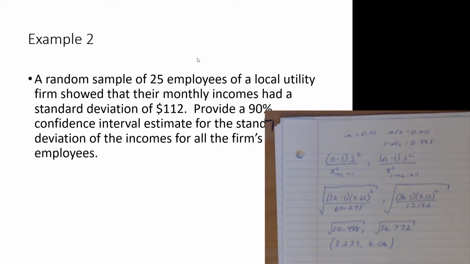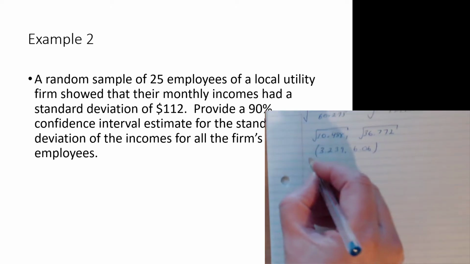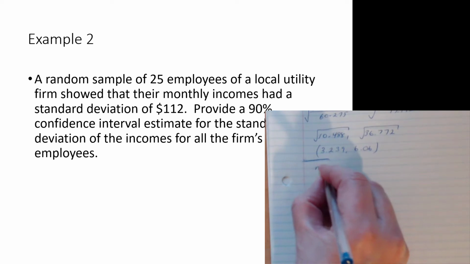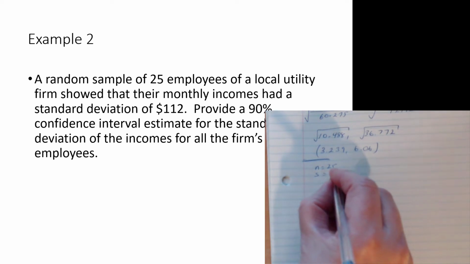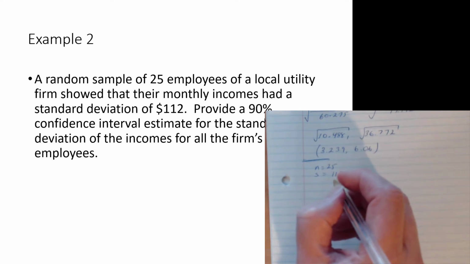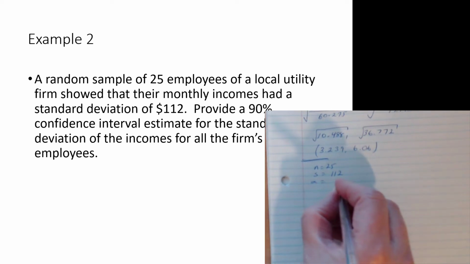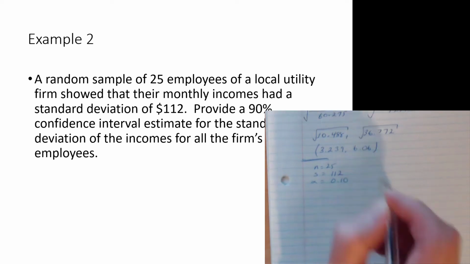Example number 2: a random sample of 25 employees at a local utility showed that their monthly incomes had a standard deviation of $112. Provide a 90% confidence interval estimate for the standard deviation of the incomes for all the firm's employees. Same kind of idea as before. n is equal to 25, s is equal to 112, and we want a 90% confidence interval, so alpha is equal to 0.10.